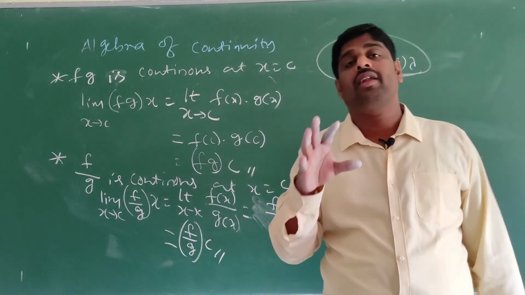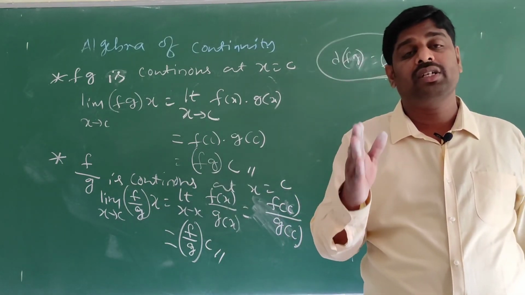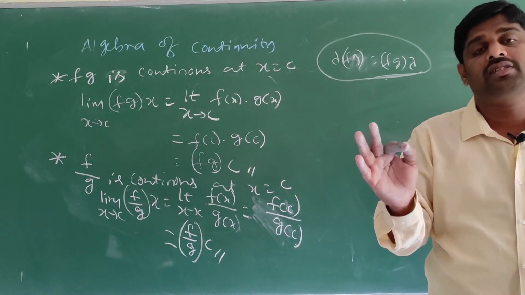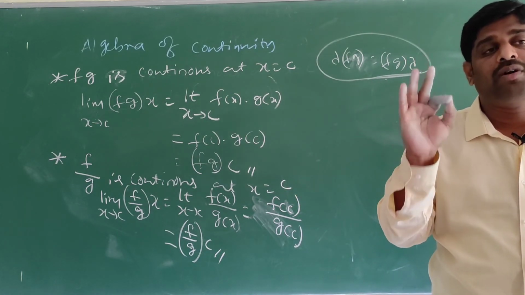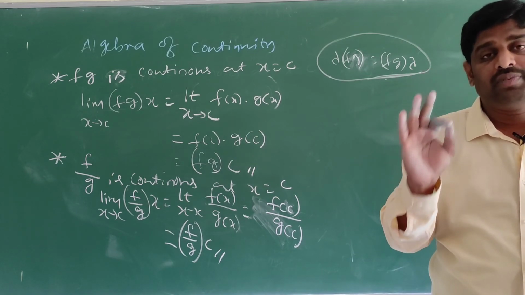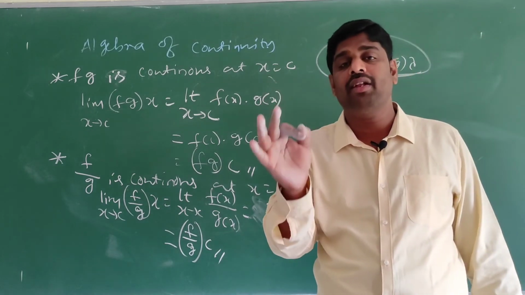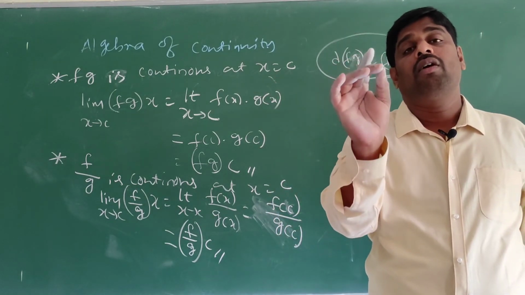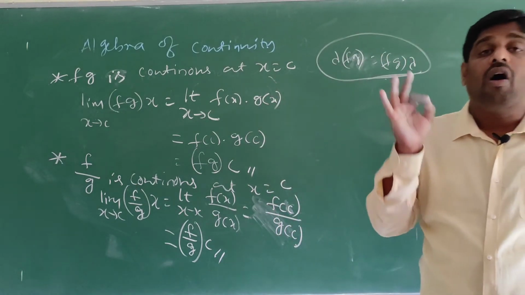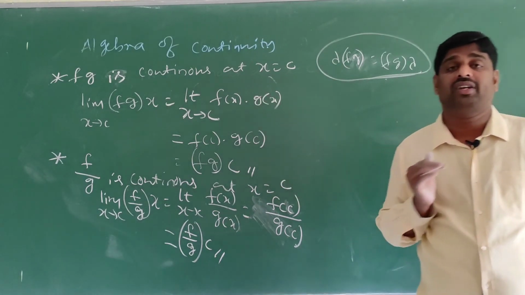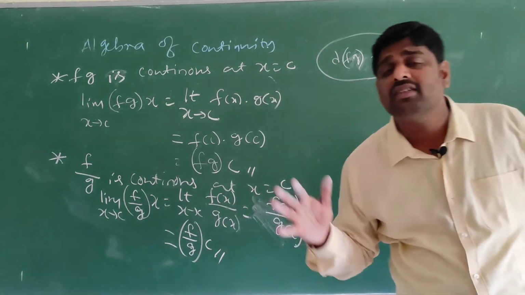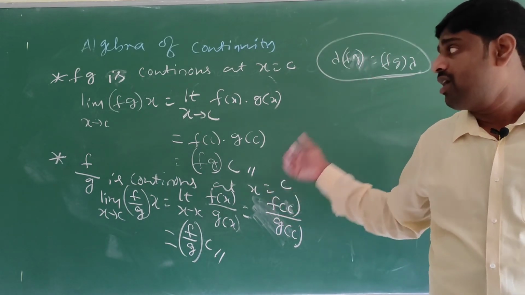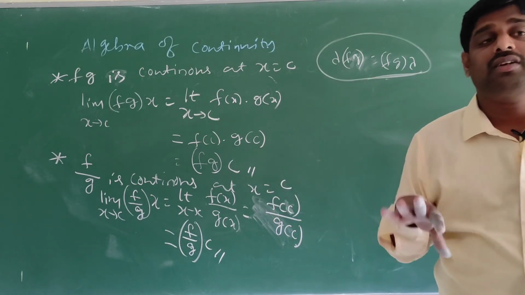And you remember, children, all polynomial functions are continuous. Whether it is parabolic or hyperbolic or elliptical, all polynomial functions are continuous functions. The greatest integer function is discontinuous, so I will discuss that discontinuous function later.